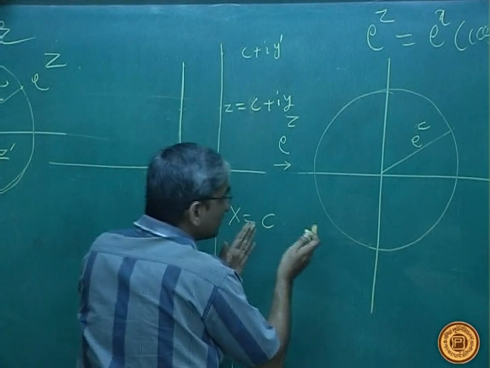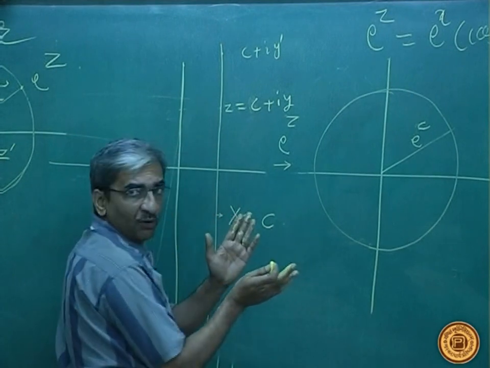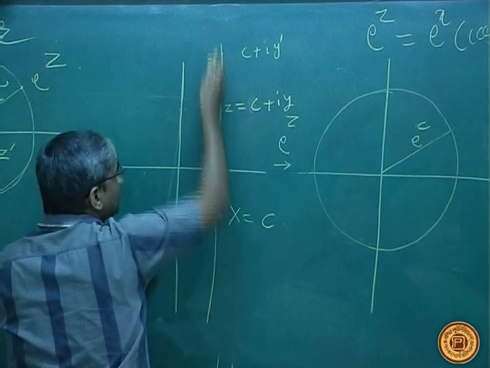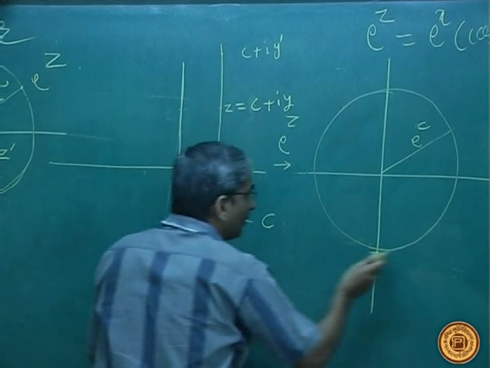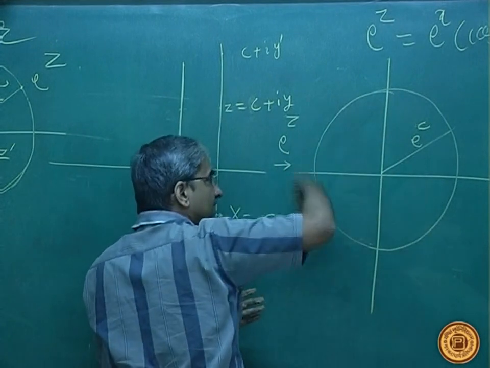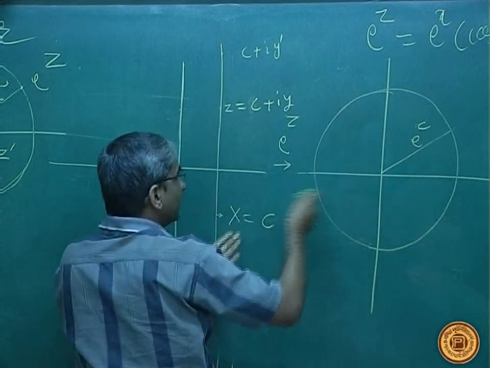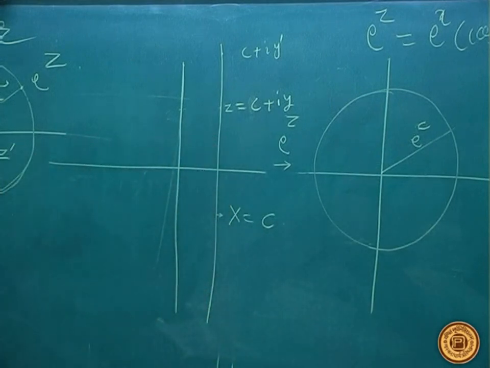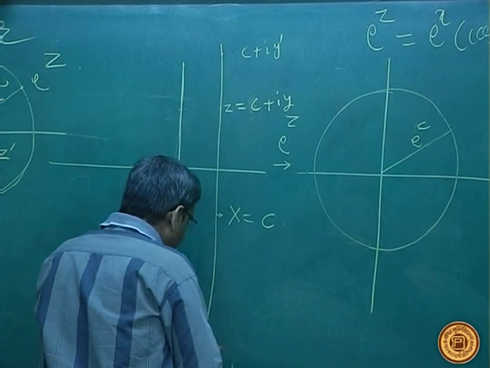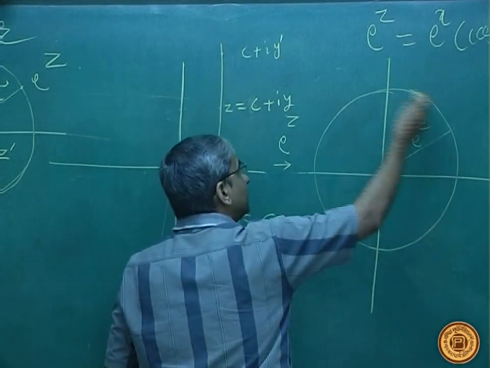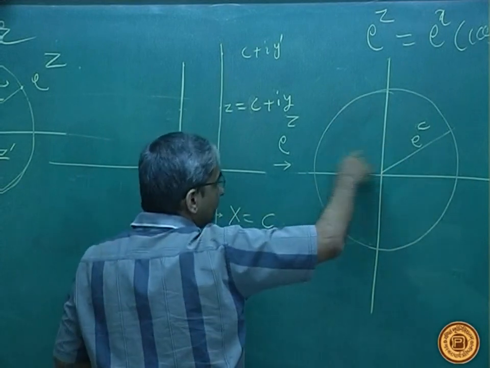So for e to the power z, the modulus will be e to the power x. For all these points the modulus will be the same, so all these points will be on the same circle. That means they have the same distance from the origin, and that distance is e to the power c, because the modulus of e to the power z is e to the power x. So all complex numbers on this line will have the same modulus, that means they will lie on the same circle, and that modulus is e to the power c.